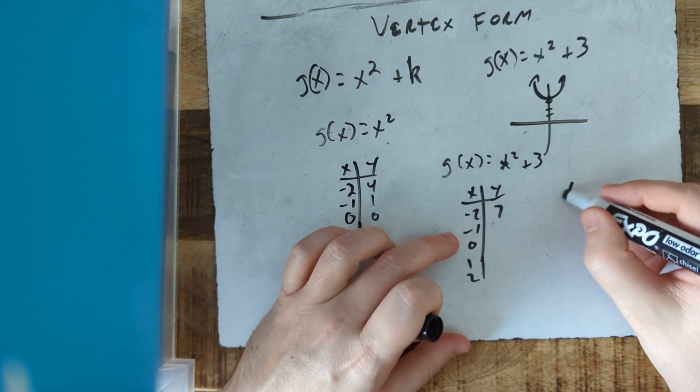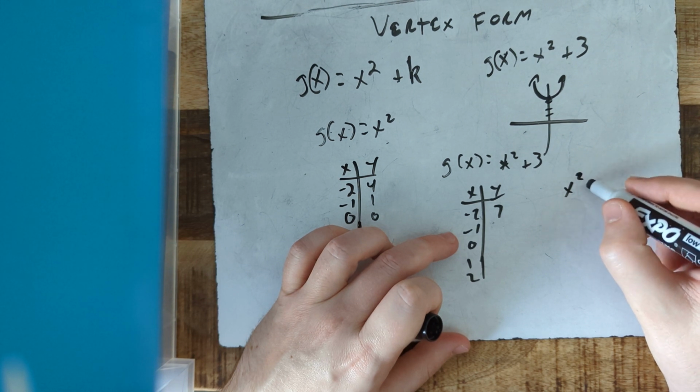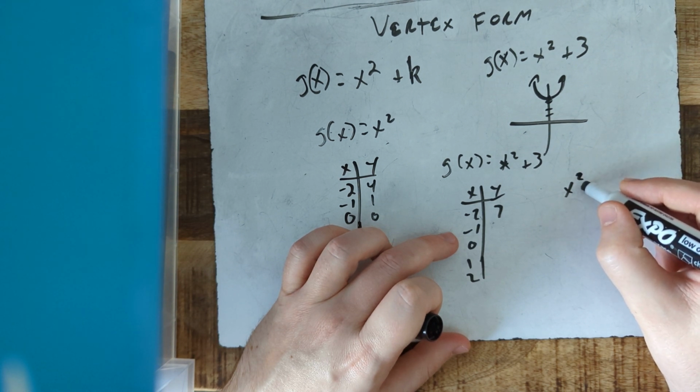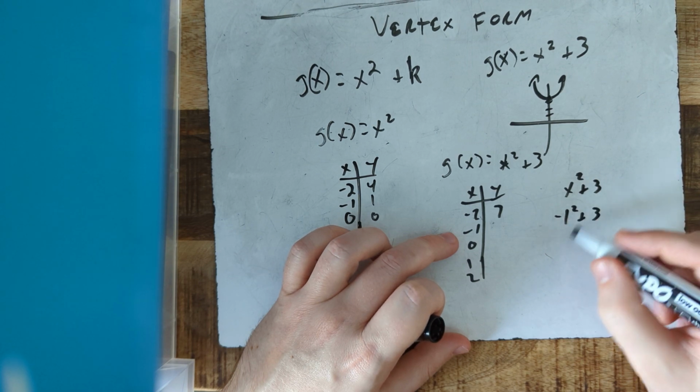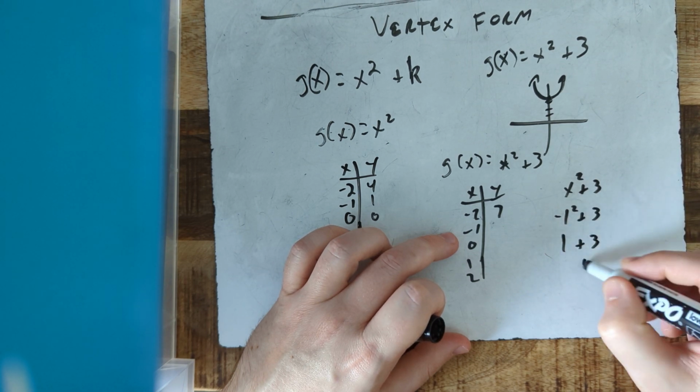Now the next one, x squared plus 3, but now it's -1 squared plus 3. So -1 squared is 1, plus 3 is 4.